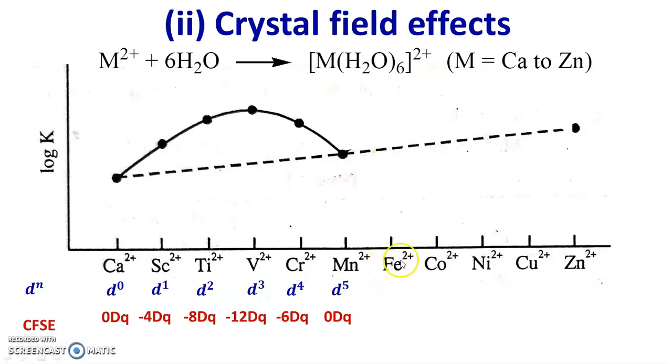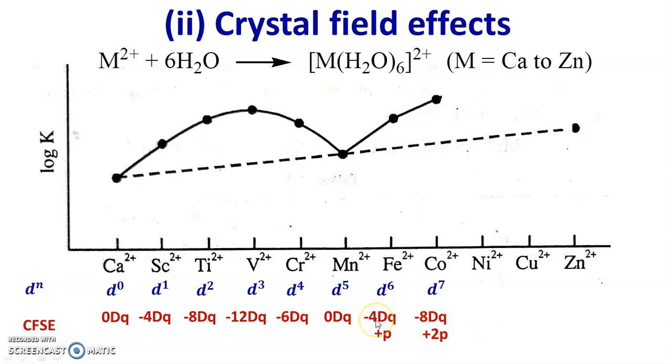Now consider Fe2+. Its configuration is d6 and the crystal field stabilization energy is minus 4 Dq plus P. P stands for pairing energy. As the crystal field stabilization energy is more than 0, its log K value increases. This is for cobalt 2+, the configuration is d7 and the crystal field stabilization energy is minus 8 Dq plus 2P, that is 2 pairing energies.